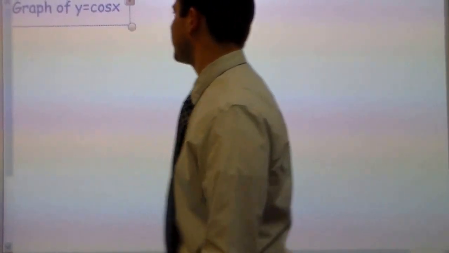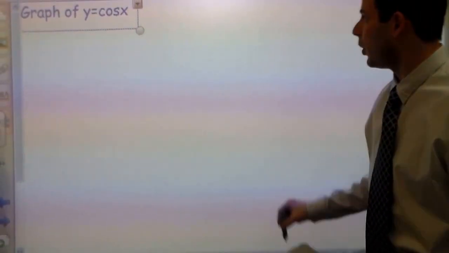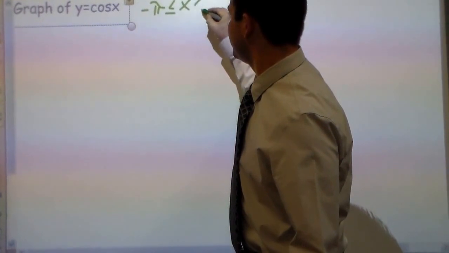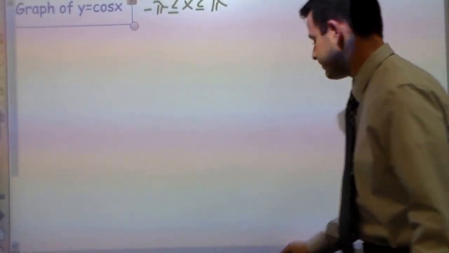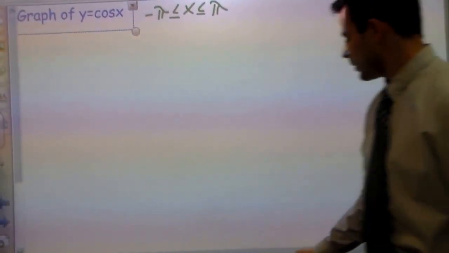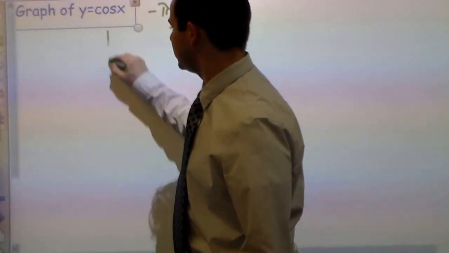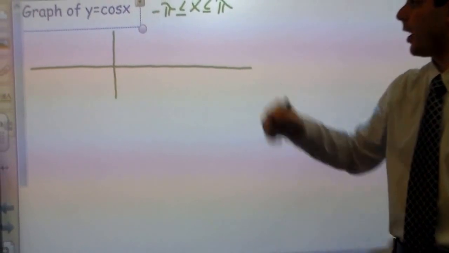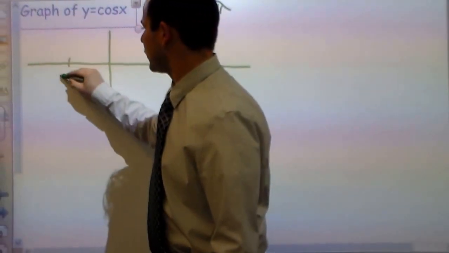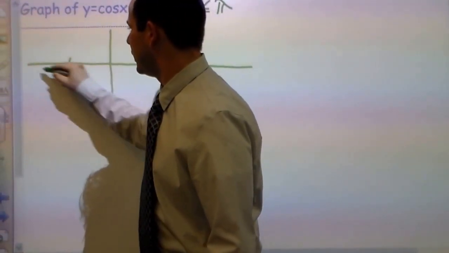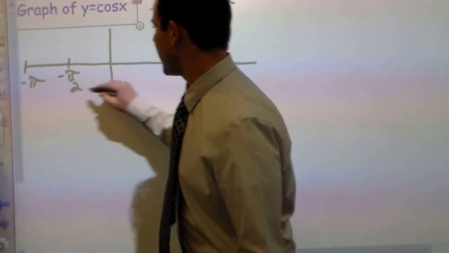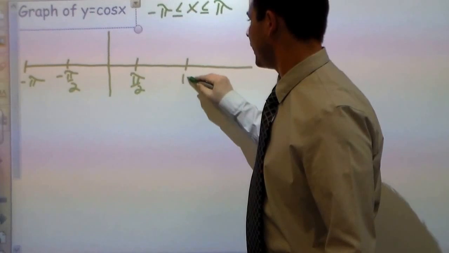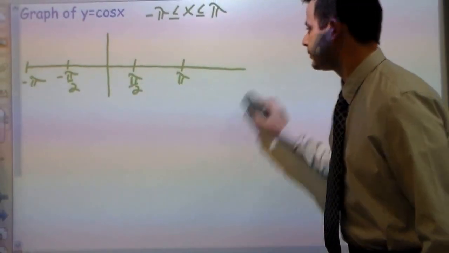Now let's graph cosine. I'm going to graph cosine again from negative pi to pi. We'll set up an axis. We're on both sides of the y-axis, so give yourself some room to plot on the left. Let's call this negative pi over 2. Let's call this negative pi, positive pi over 2, and positive pi.